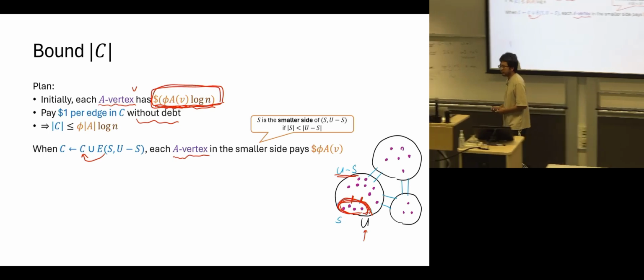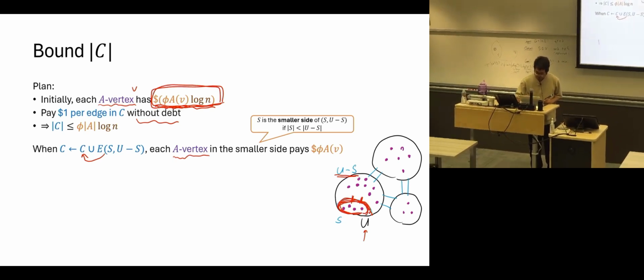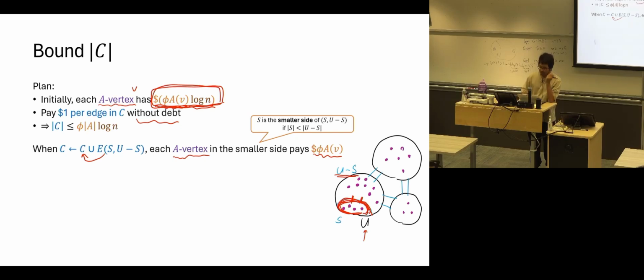How much will the vertices on the smaller side pay? Everyone has this much money, this times log n, from the beginning.